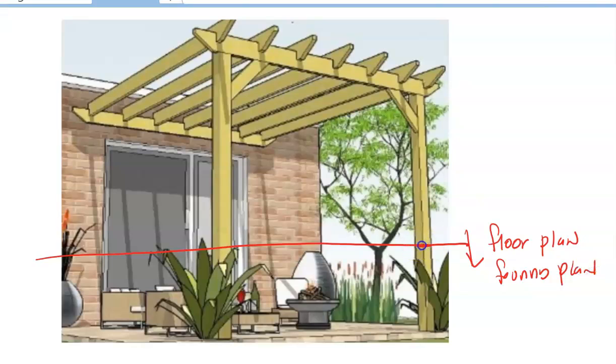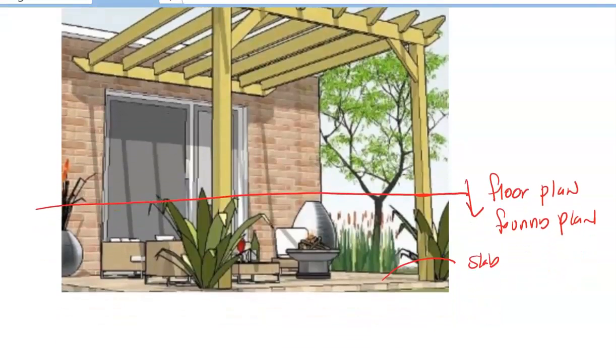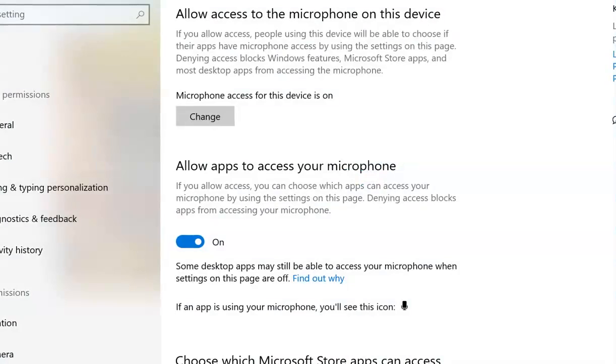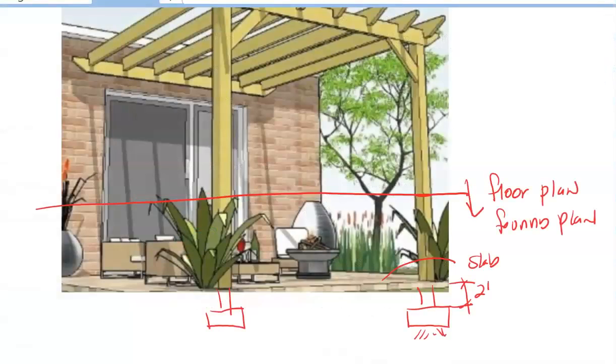And here I'm going to show the columns. I'm going to show the slab. And I'm also, as the engineer, I want to show my foundations, which I want to bear, I think they were 2 feet below. I want them to go down and bear down on my soil below, so that as the frost affects the soil, it's going to bear lower.